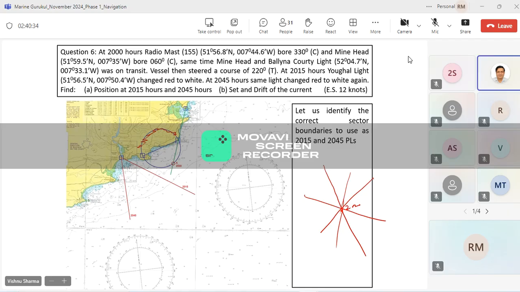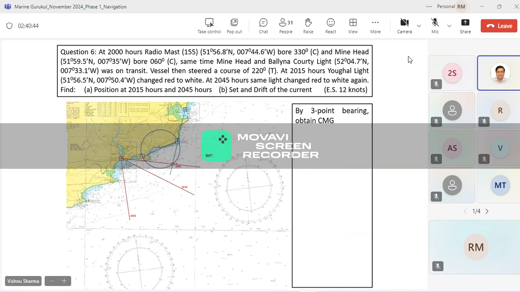So I will draw a specific PL which is also passing through the intersection of these two lines. That means I create this 2000 hour PL here. Why have I created this special PL? Because now this can become a 3-point bearing question. Yes or no? Three-point bearing method, to get the CMG.